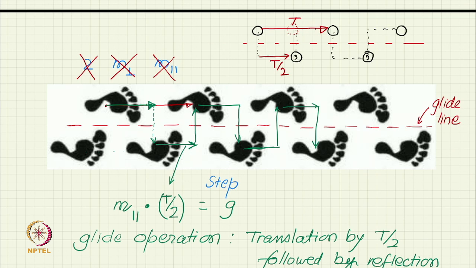But now if I want to make this glide line into a mirror line, let us say, I make it a mirror line. Which means the mirror will now create a new motif because it has to reflect.